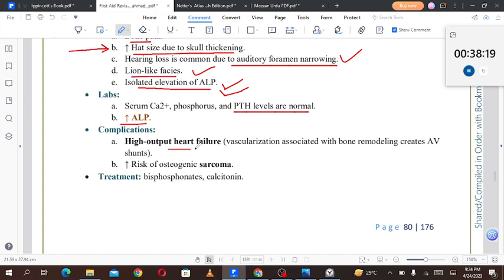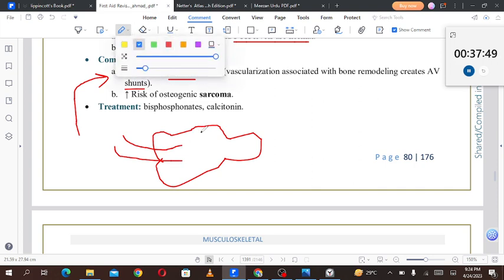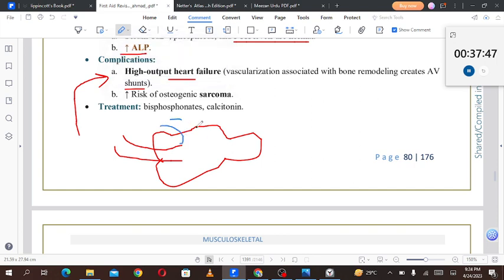Complications include high output heart failure. Vascularization associated with the bone remodeling creates AV shunts, which is very high yield. But why will there be high output heart failure? Suppose this is newly forming bone, and in that bone we need new vascularization as well. In the new vascularization, a high pressure system, maybe a small artery or an arteriole, can be connected directly to a venule or a vein, forming small or maybe large AV shunts.